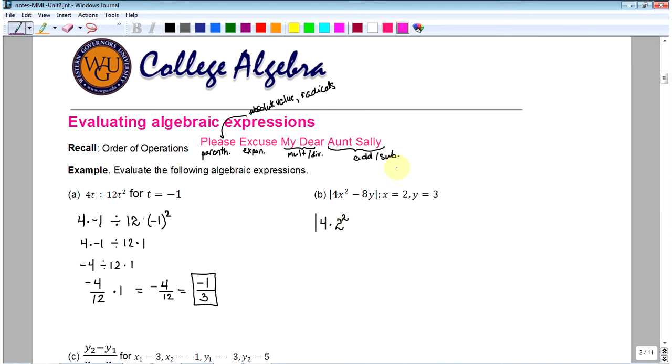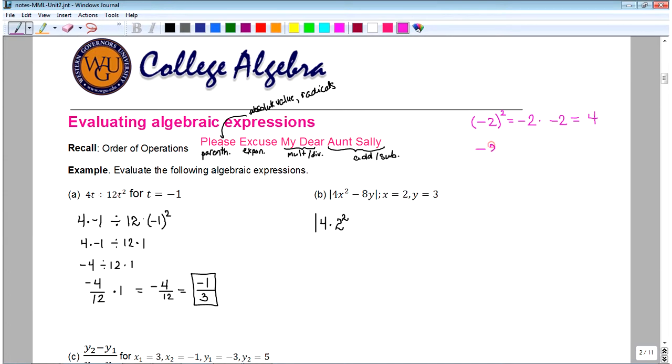Let me just take a little tangent and write off to the side what I mean. If we had a -2 in parentheses squared, that means that we have -2 times -2. Negative times negative gives us a positive, and we'd have a +4.